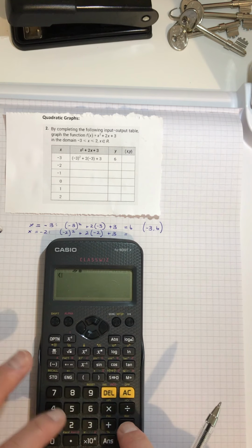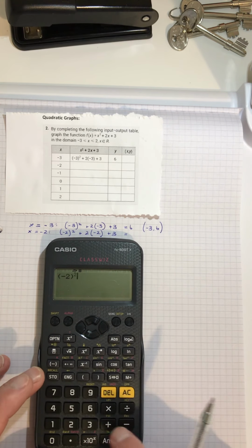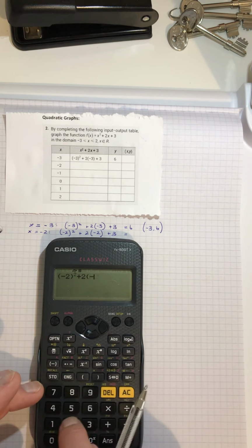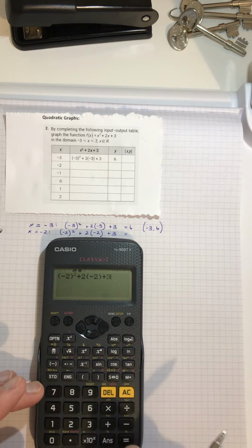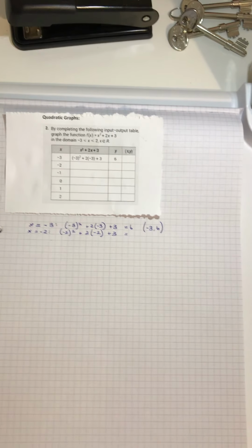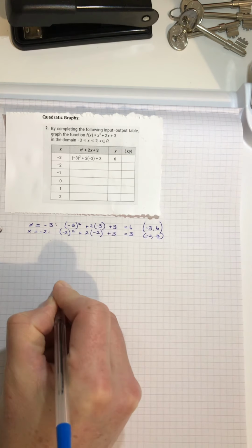So bracket minus 2 squared plus 2 bracket minus 2 plus 3 is equal to 3. Okay, so use your calculator as you go. So minus 2, 3.